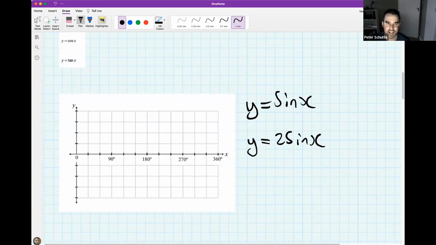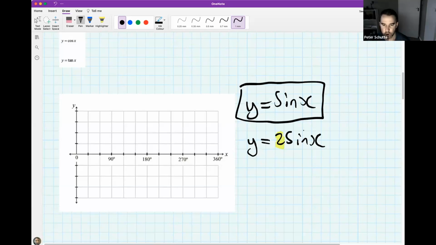Now, this is a change from a basic sine graph. And the type of change we call this is an amplitude change. It affects how high or low the sine graph goes. And so one of the things I want to show you today is how your calculator can possibly assist us when it comes to this type of thing.